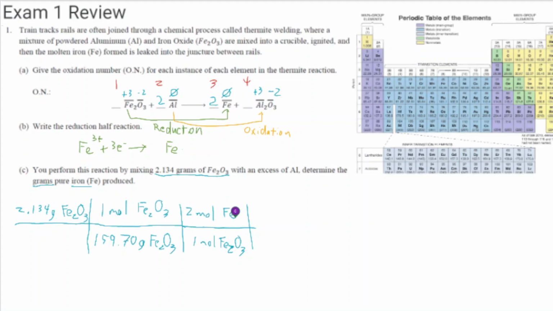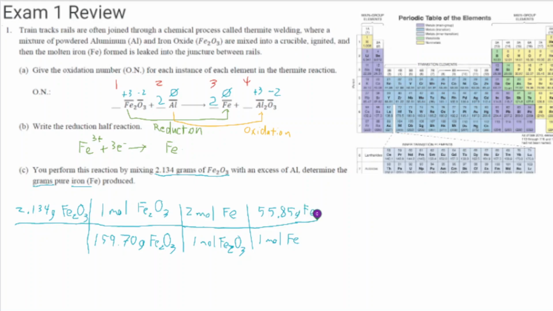Now that we're in our desired compound, we need to convert to our desired units. So now we need to convert to grams of pure iron. Again, for this we'll just use our periodic table. When we look at iron, we see that 1 mole of iron, put that on the bottom, is equal to 55.85 grams of iron.